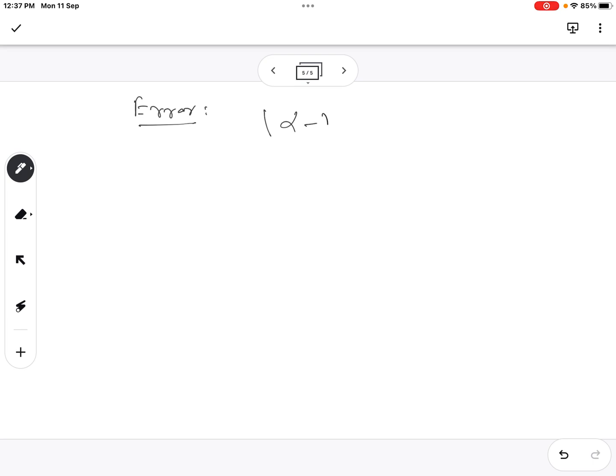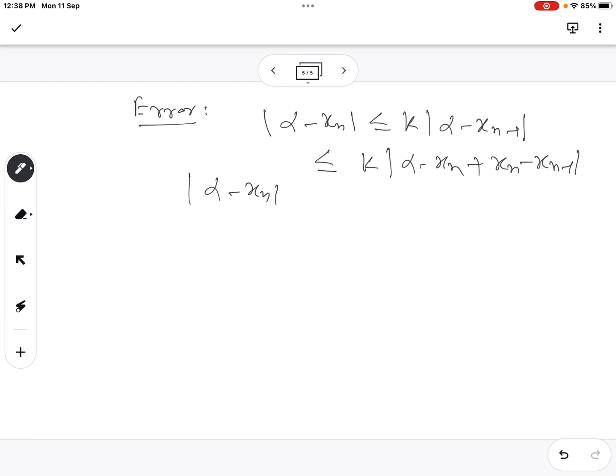So I can write alpha minus xn is less than or equal to k times alpha minus xn minus 1, which can be written as k times alpha minus xn plus xn minus xn minus 1, or it can be written as alpha minus xn into 1 minus k less than or equal to k times xn minus xn minus 1.